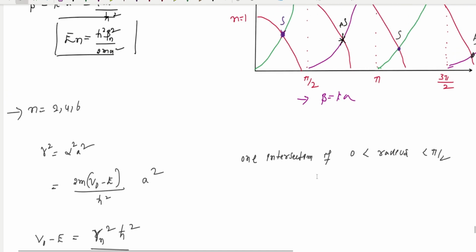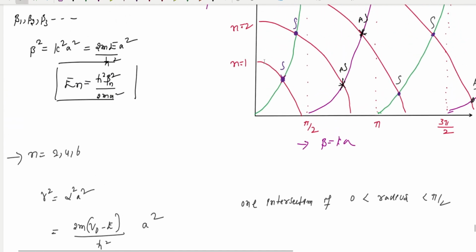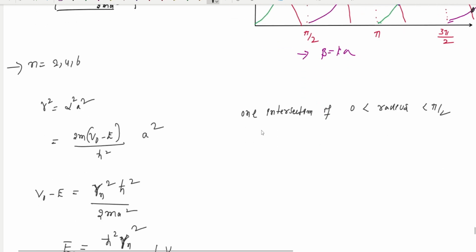See here, in between 0 and pi divided by 2 I got one intersection. So in between pi divided by 2 and pi, how many intersections are there? One symmetric, one antisymmetric, two intersections are there.